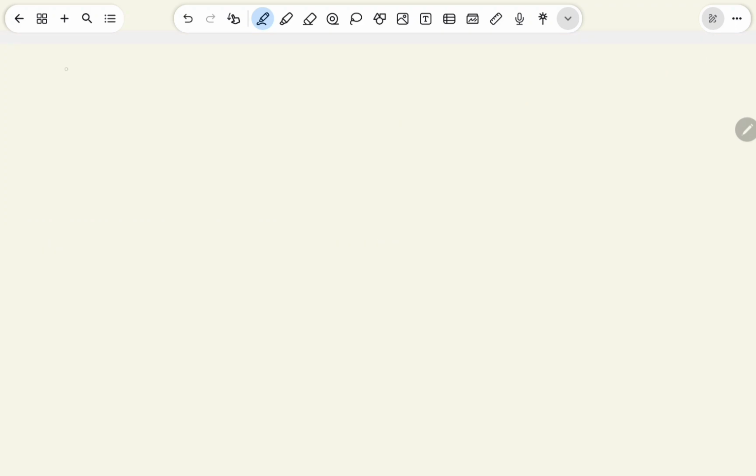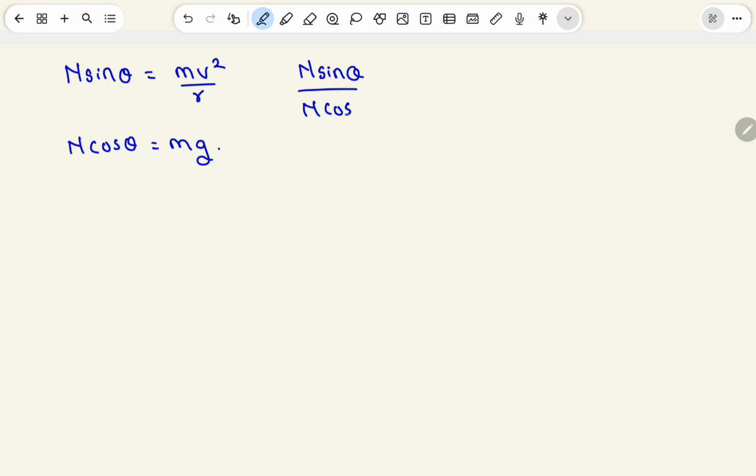So we have two equations. N sin theta is equal to mv square by r and N cos theta is equal to mg. If we divide, then N sin theta upon N cos theta is equal to mv square by r upon mg. N and N cancel on the left hand side, m and m cancel on the right hand side.